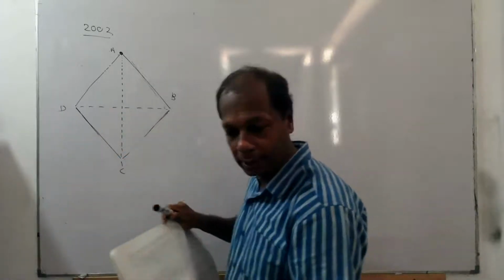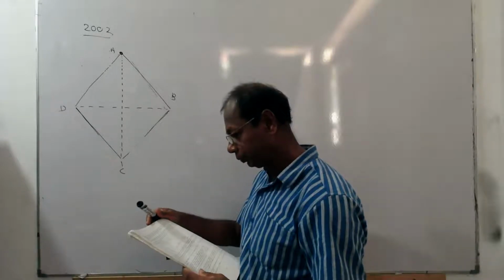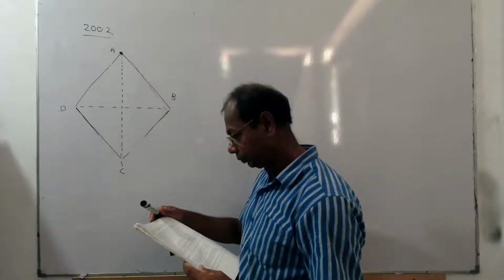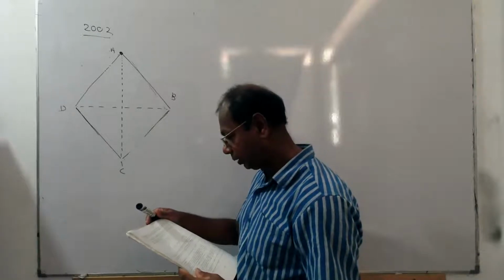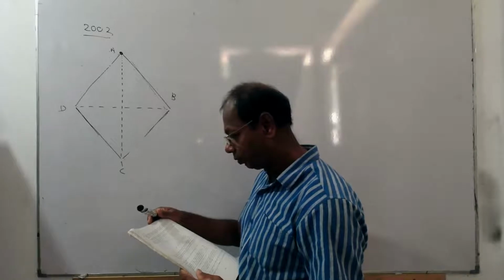Again, from A, and to maintain the shape, what do you do? The square shape is maintained by a light rod joining the midpoints of the lower rods BC and CD.